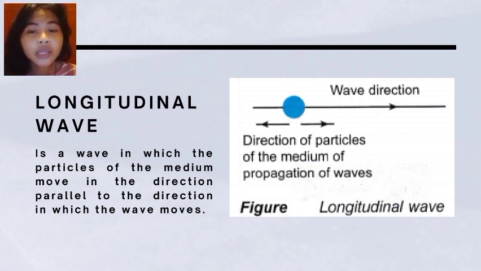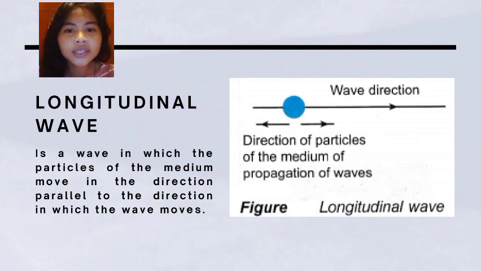In a longitudinal wave, they move parallel to the movement of the wave, vibrating along with the motion of the wave. That is the difference between longitudinal wave and transverse wave.